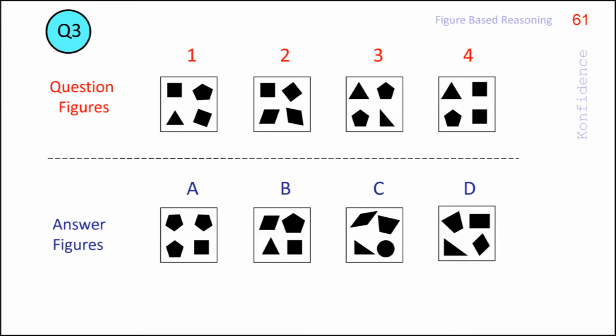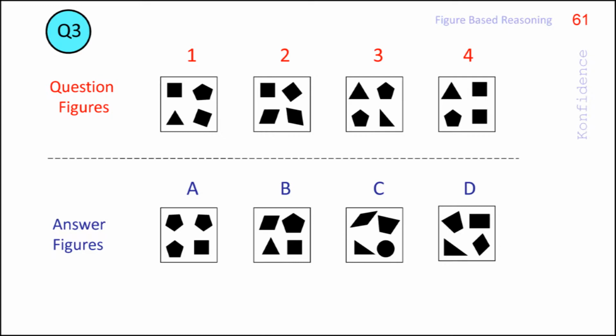In the first figure, there are 4 small figures, 2 squares, a pentagon, and a triangle. In the second figure, we have 4 quadrilaterals. In the third figure, we have 2 pentagons and 2 triangles. In the fourth figure, we have a triangle, a pentagon, and 2 squares.